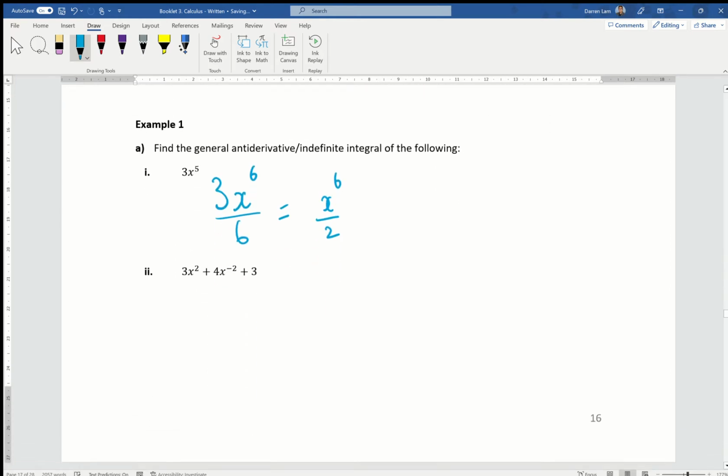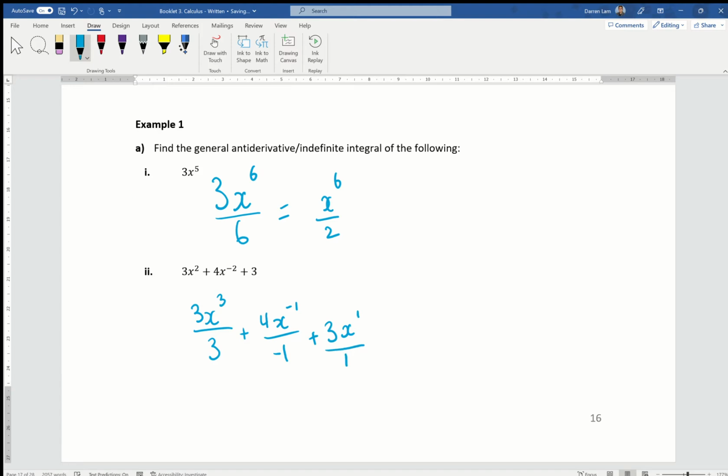Of course, something like this would be the same thing as our differentiation in terms of step by step. So that becomes 3x cubed, to the power of 3, plus 4x to the power of negative 1. Note that negative 2 becomes negative 1, divided by negative 1, plus 3x to the power of 1 over 1.